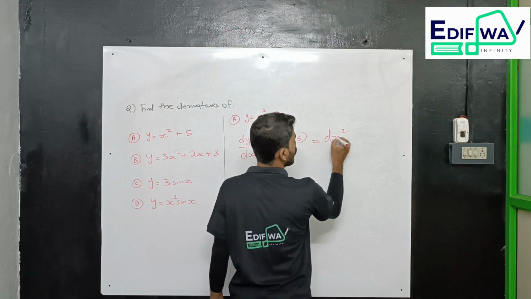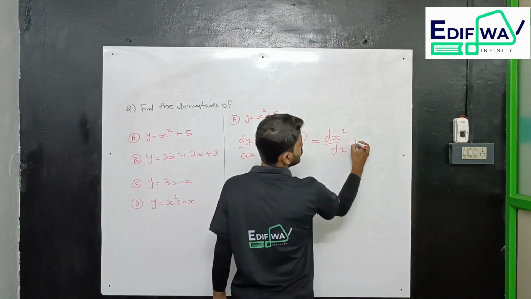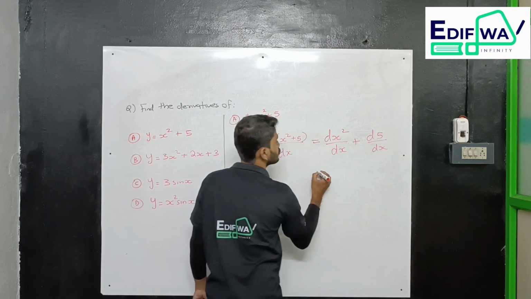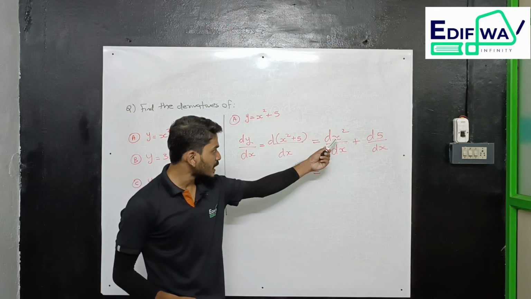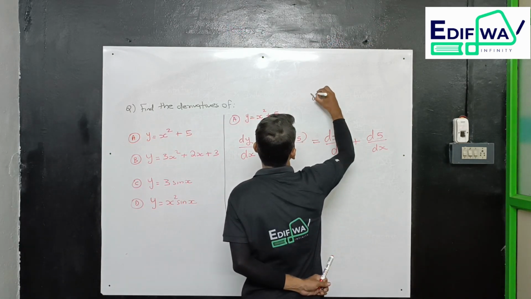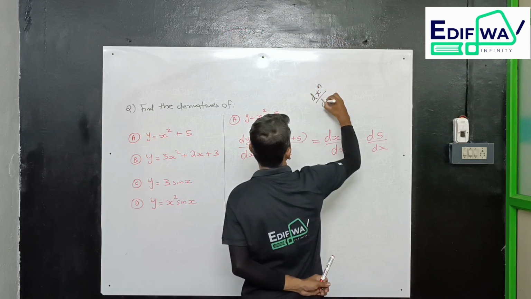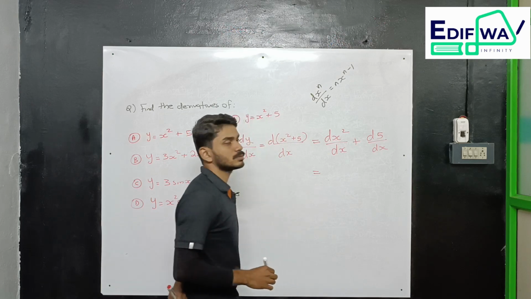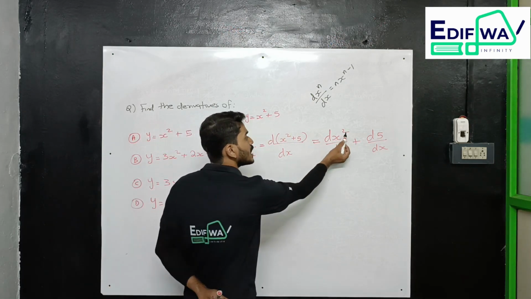That is derivative of x square with respect to x plus derivative of 5 with respect to x. Now how to find derivative of x square? Do you remember the formula? Derivative of x raised to n with respect to x is equal to n into x raised to n minus 1. Here your n value is 2.